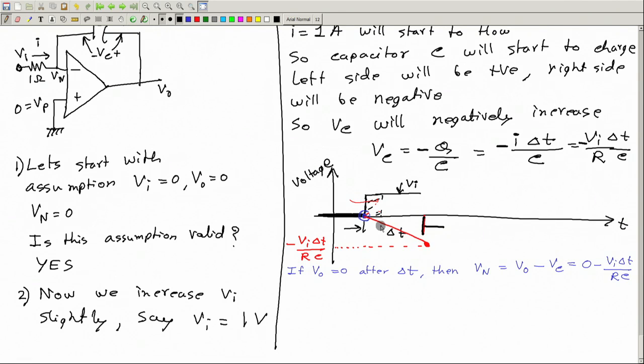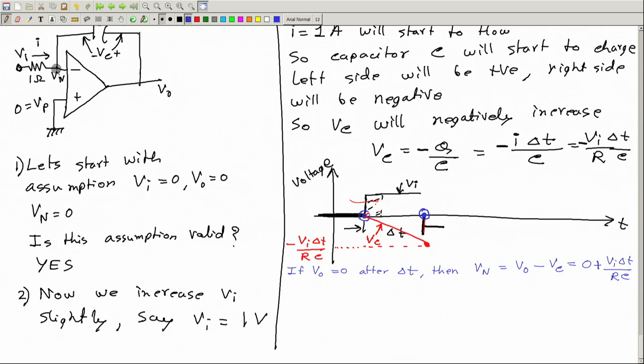This is Vi, this is Vc, and Vo, if we assume it is here still 0, then we see that Vn is positive, because of this charge coming here, it will make Vn positive.